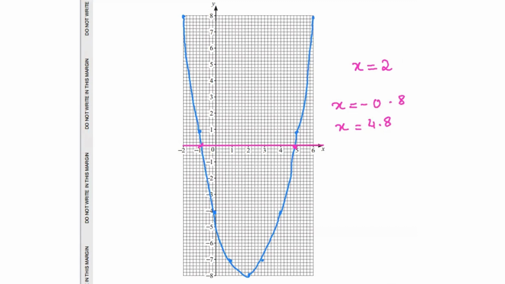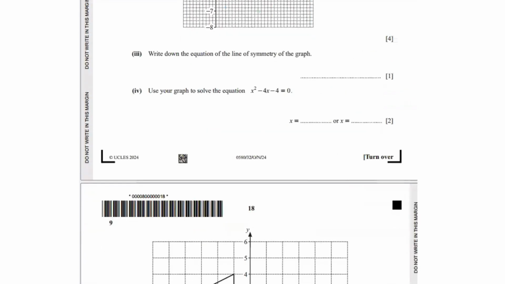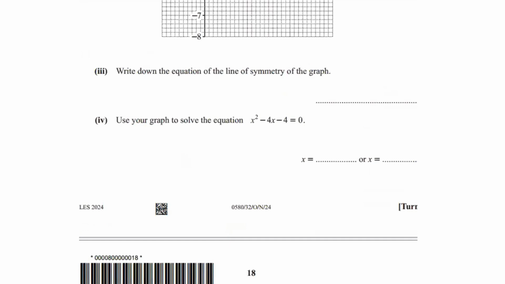Once you draw it more neatly on graph paper, you'll have a more accurate answer. But the range would be between negative 0.7 to negative 0.9, and then 4.7 to 4.9. So here it's x equals 2, and negative 0.8 and 4.8.